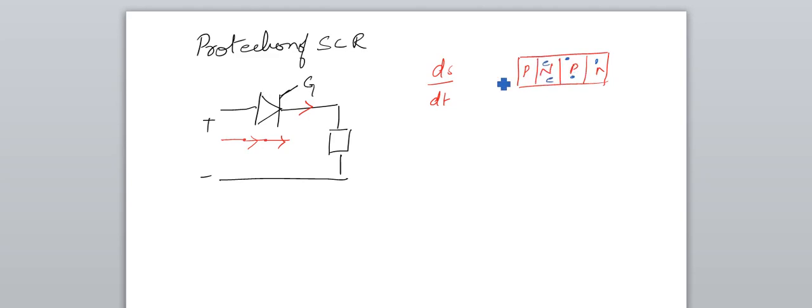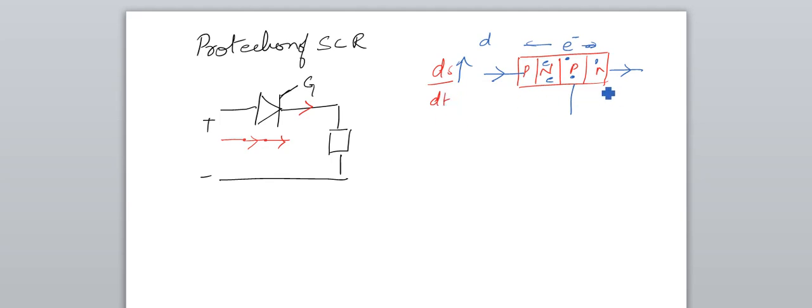Now the current that is flowing across this, di by dt, is very high compared to the spreading velocity, that is the mobility of your electrons. Means the electrons are lagging, but the current level is very high with respect to dt.